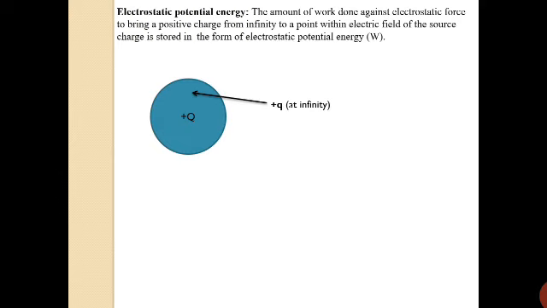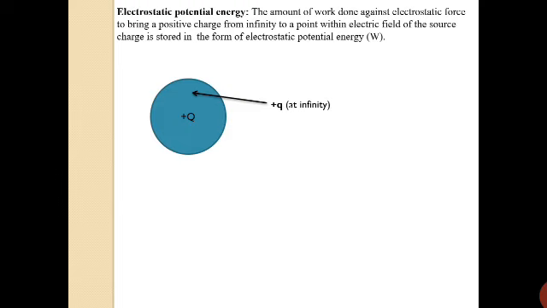We can see plus Q, that is capital, is having its own electric field, and electric field is nothing but the space around the charge in which the force can be felt. So if any other charge is placed outside this electric field, it will not get any electrostatic force. So the concept is, if the small q charge is moved outside the electric field, then no work will be done.